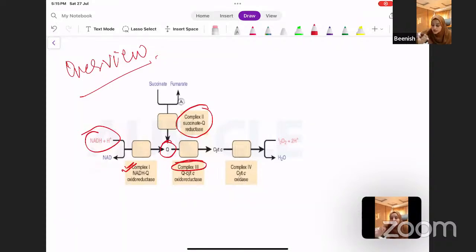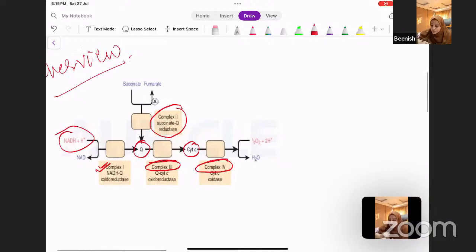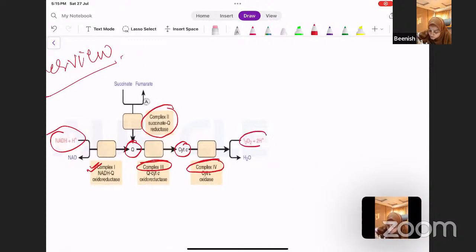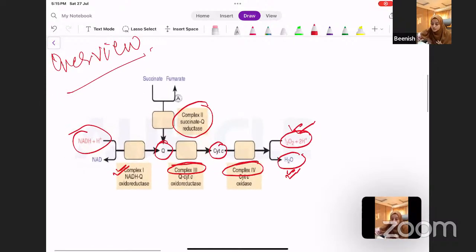From complex 3, it is going to go to cytochrome C, and the cytochrome C is going to transfer the electrons to complex 4. And then from complex 4, the electrons are going to be received by oxygen, and oxygen is going to be reduced to water. Okay, so this is an overview.